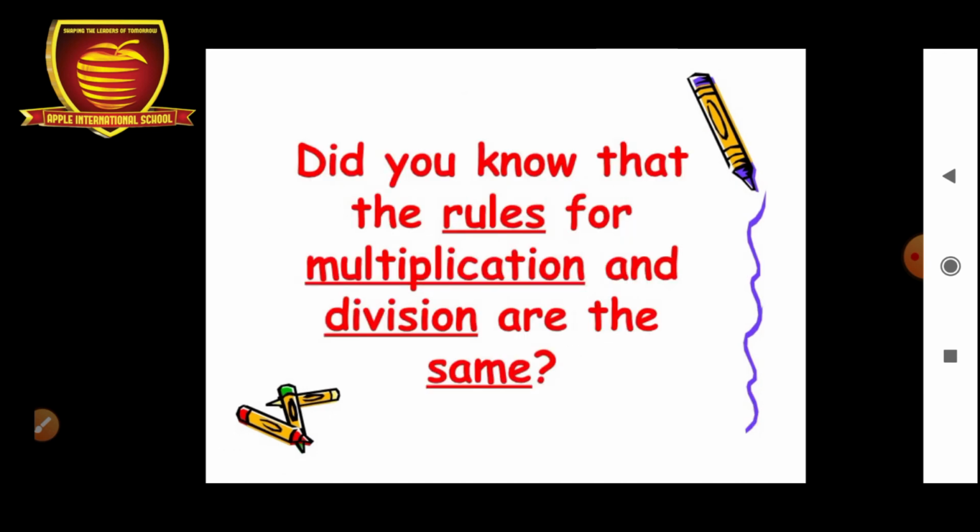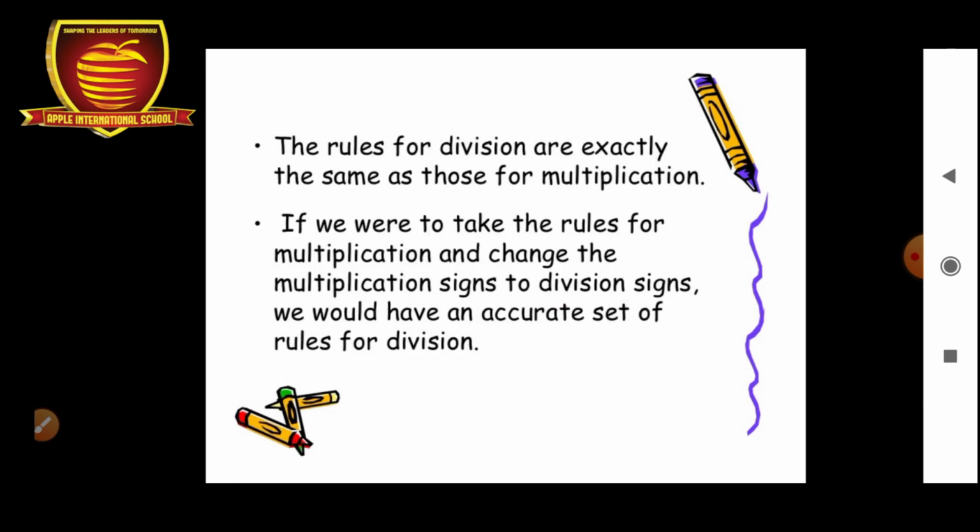Next, did you know that the rules for multiplication and division are the same? Yes, both rules are the same. The rules for division are exactly the same as those for multiplication. If we take the rules for multiplication and change the multiplication signs to division signs, we would have an accurate set of rules for division.